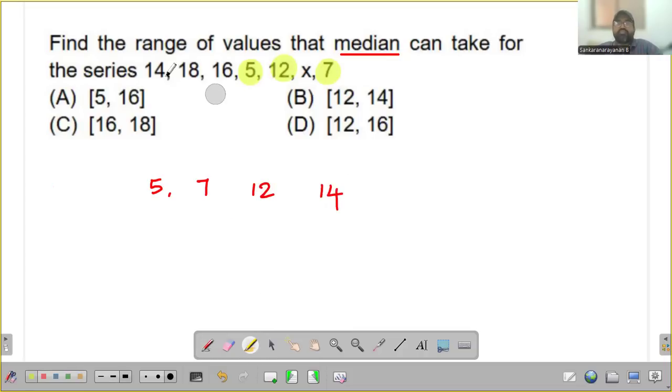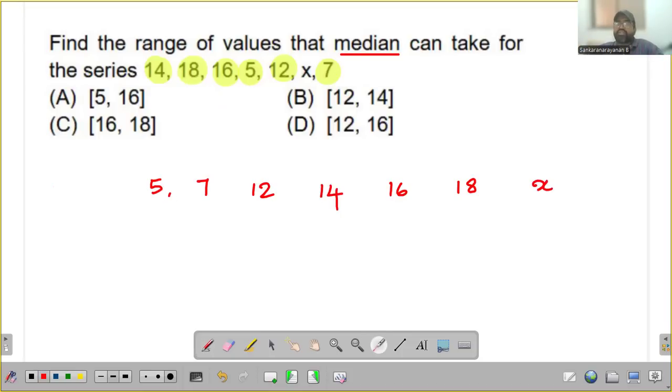Let me highlight it. And then there is a 16 and an 18. So I'm writing 16 here, 18 here. And then let me consider that x is located over here at the extreme right end. That is the largest value. Let me put it that way.